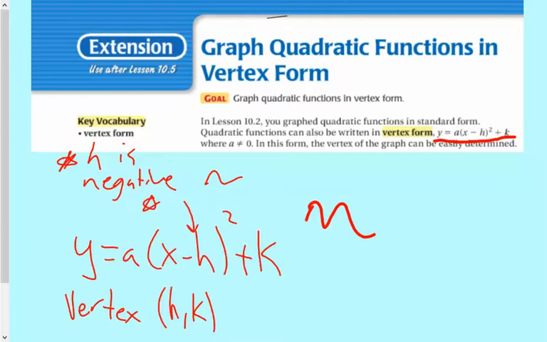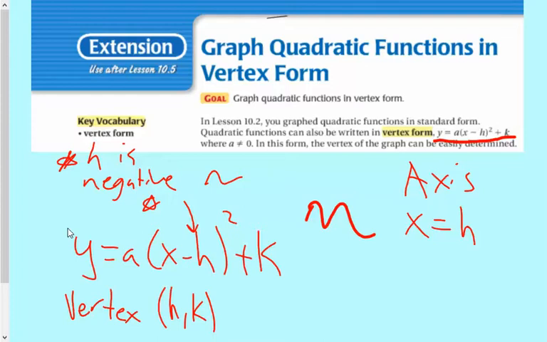So you're going to do the opposite of the h value, and then k. That will give you the vertex. And then the axis of symmetry is x equals h. It's always the x coordinate of the vertex. And from there you have a lot of your information.